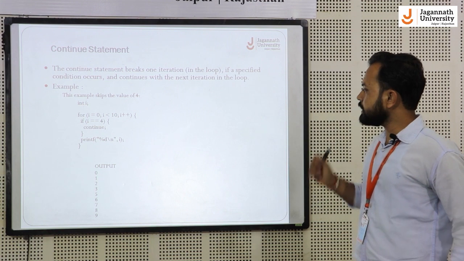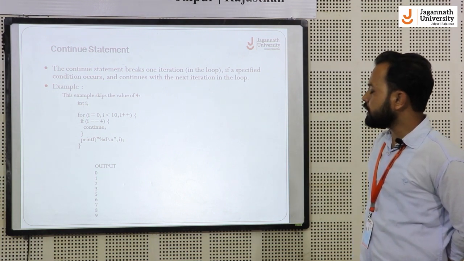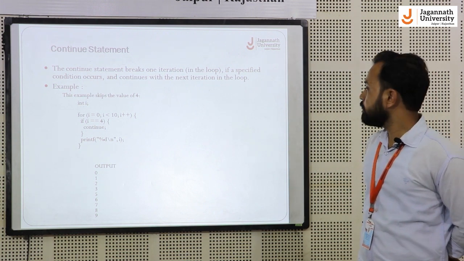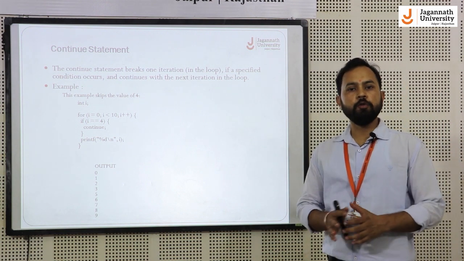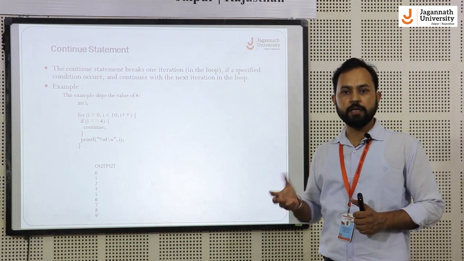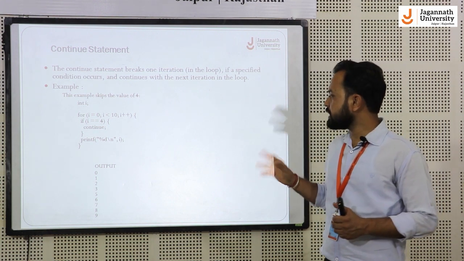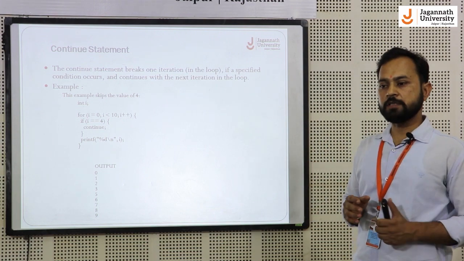We can see in the example that the output will be 0, 1, 2, 3 then 5. It means 4 will not be printed because of this continue statement. Continue does not exit from the current loop, it just skips for a particular condition. So that is why 4 is not printed. So, this is the continue statement.